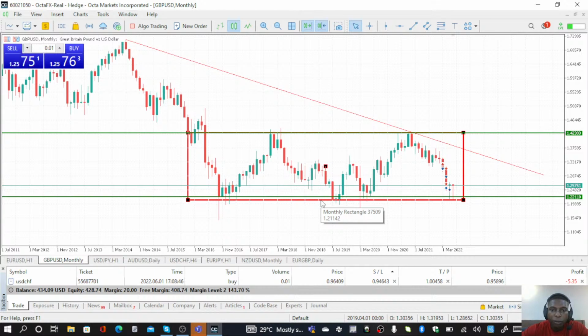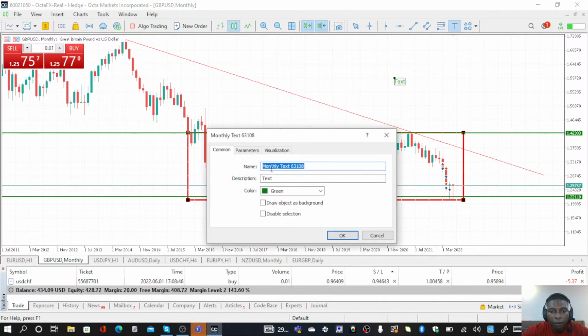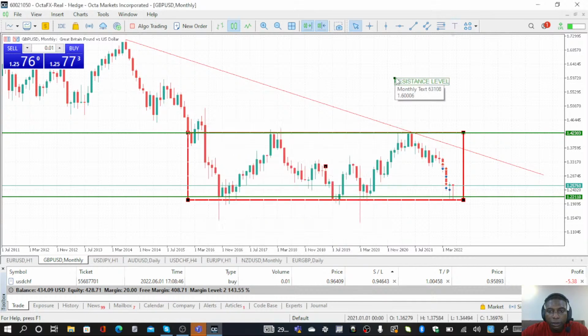Now our next line of action is to spot opportunities, because that is why we are here. Now that we have the resistance level, let me write it out so that you all can see it. Resistance level, in all caps. This is the resistance level.